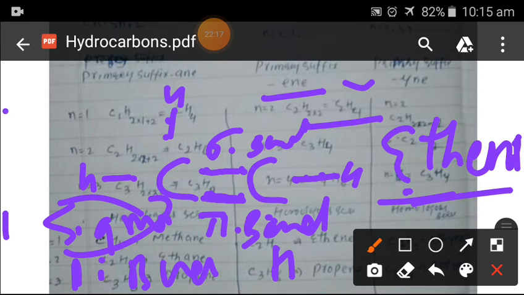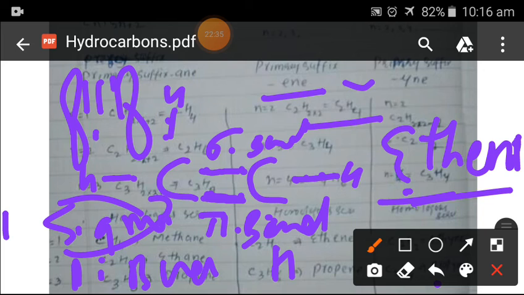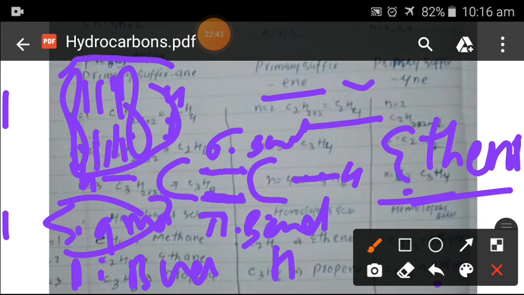The sigma bond occurs by head-to-head overlapping of orbitals. But the pi bond is formed by the unhybridized orbitals. They undergo sidewise overlapping, just like this. We will see this later when we discuss the hybridization of these molecules. So these pi bonds are formed by the lateral overlapping of the unhybridized orbitals.